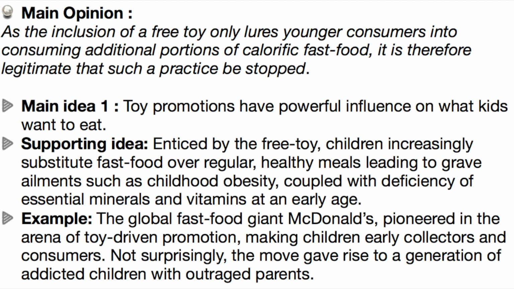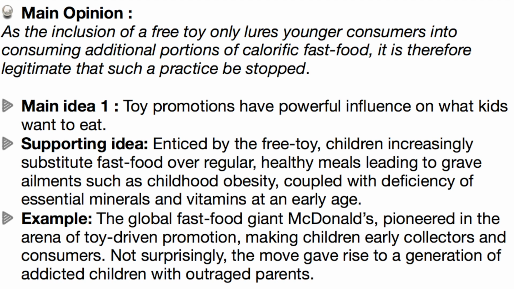Now, the statement immediately following the main idea is the supporting idea, which, as already discussed, is an extended explanation of the main idea. Let's read that out. So we have the supporting idea: as enticed by the free toy, children increasingly substitute fast food over regular, healthy meals, leading to grave ailments such as childhood obesity, coupled with deficiency of essential minerals and vitamins at an early age.